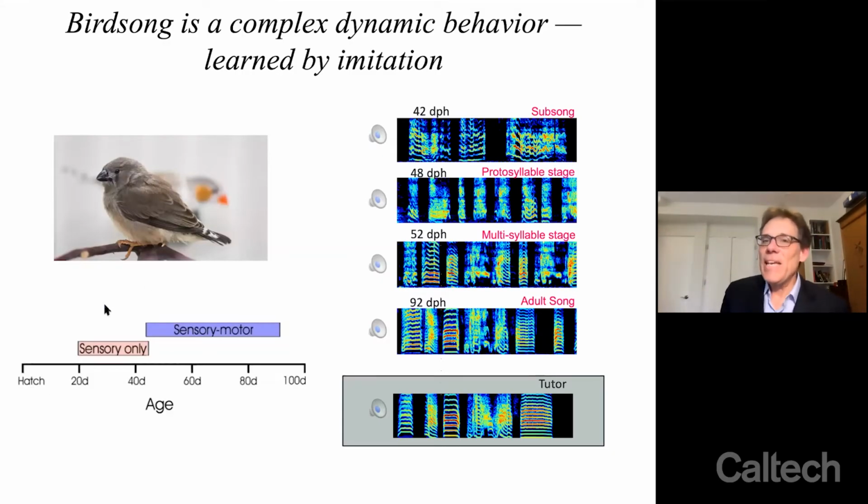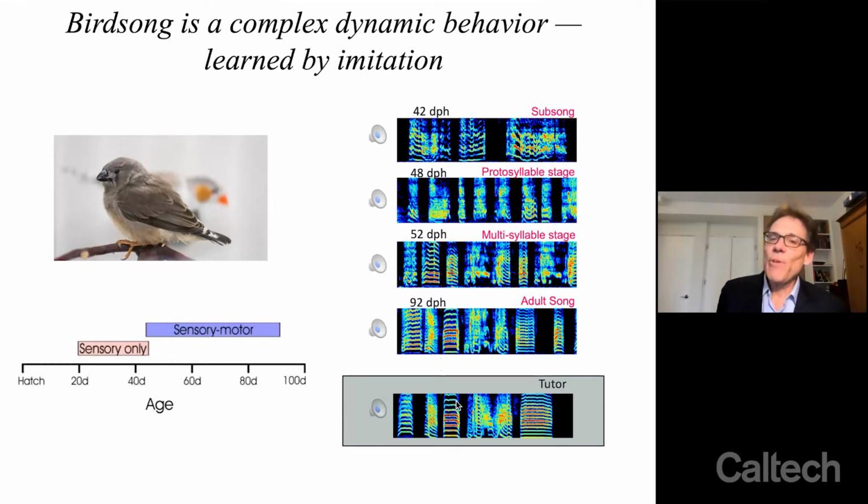At an early stage, they listen to their parents sing, and they form a memory of that tutor song. Then they begin babbling, and over the course of several weeks, their song develops repeatable structure until a few weeks later, their song converges onto what can be a pretty good copy of the parent's song.